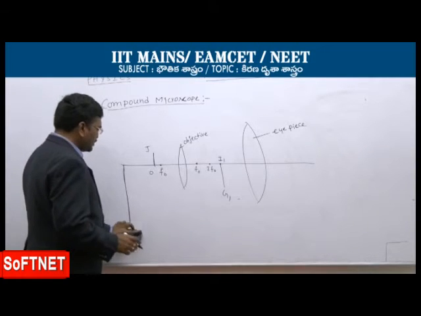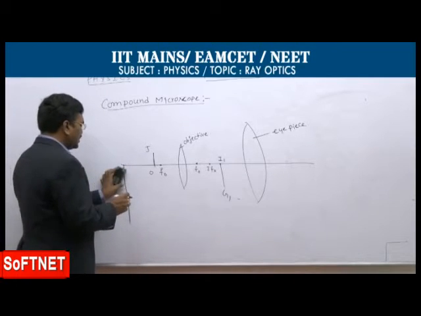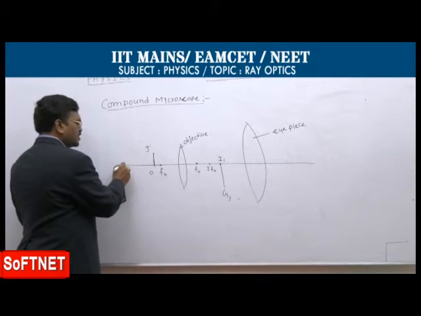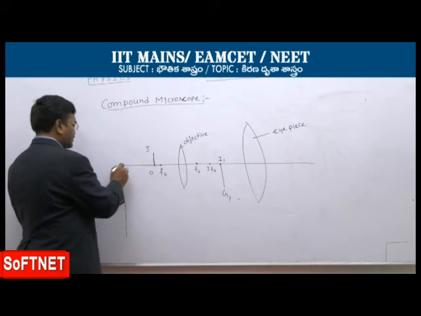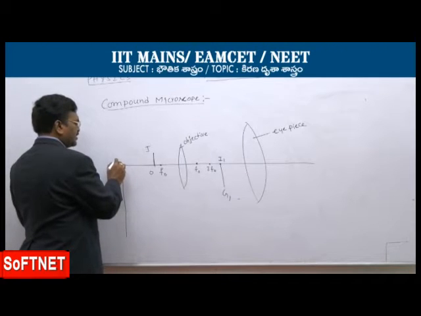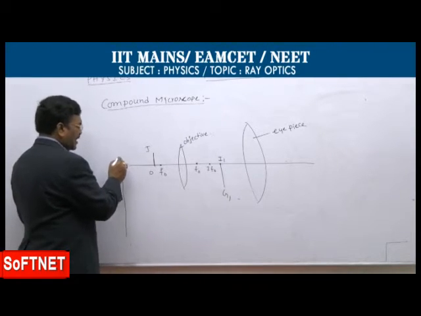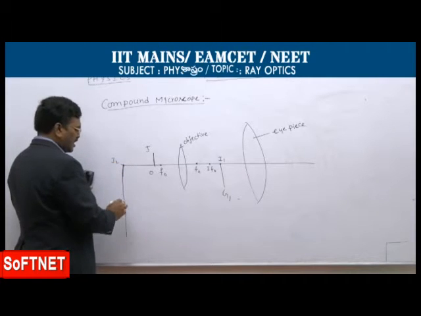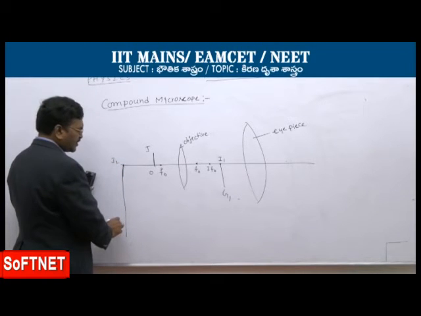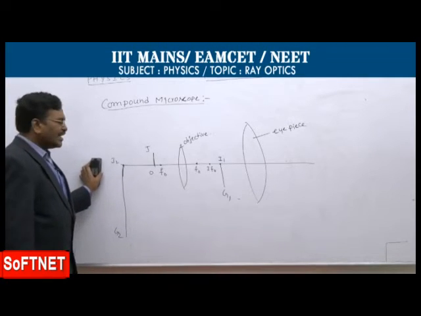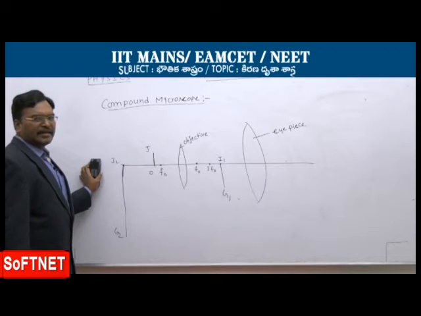OJ is the object, and it becomes like this. I2G2 is the final image. It is the virtual, enlarged, magnified image.